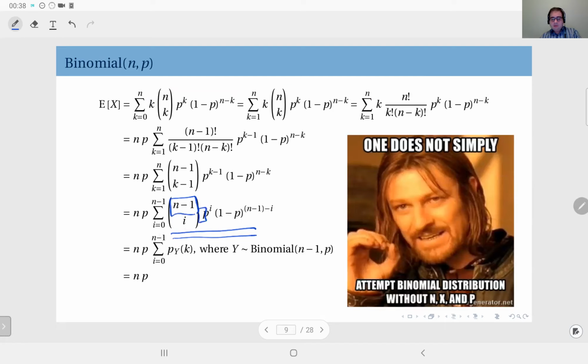So be careful about what distribution you are working with and what parameters are involved. The expected value of the binomial with parameters n and p is n times p. So in this case, the expected value of y would be n minus 1 times p.